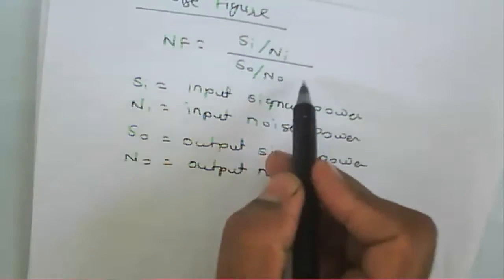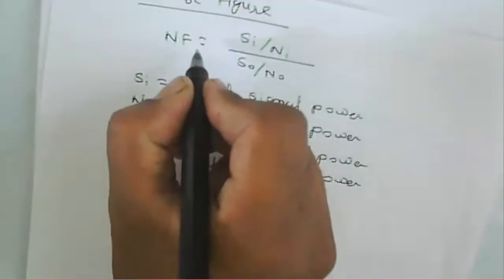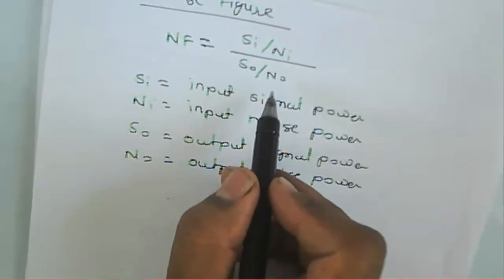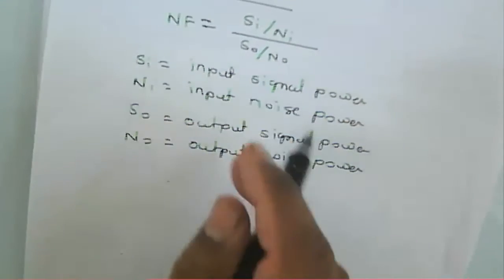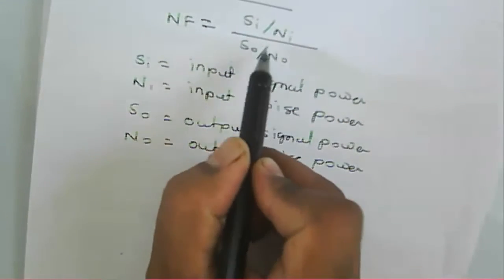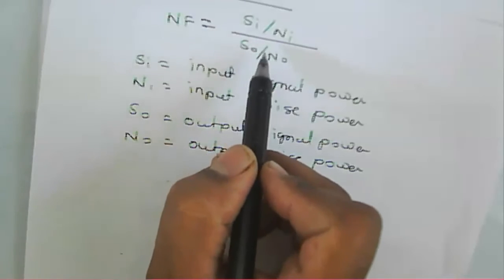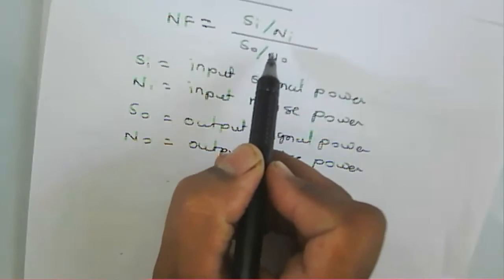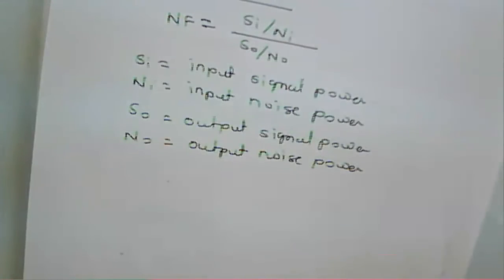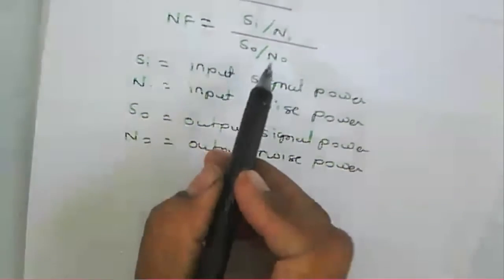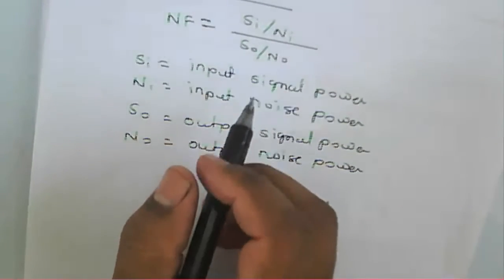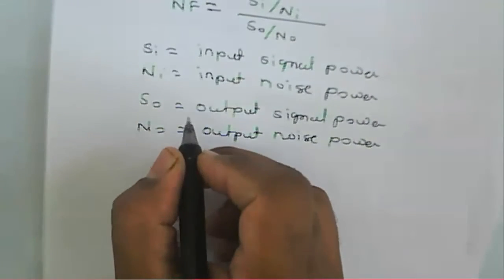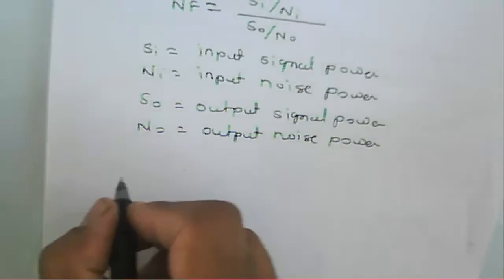That's why the noise figure is greater than 1, or greater than unity. Why? Because the signal to noise ratio at the output is always less than at the input side. Because devices add some noise themselves, the output signal to noise ratio is reduced. So the noise figure will be unity, or it will be greater than 1.